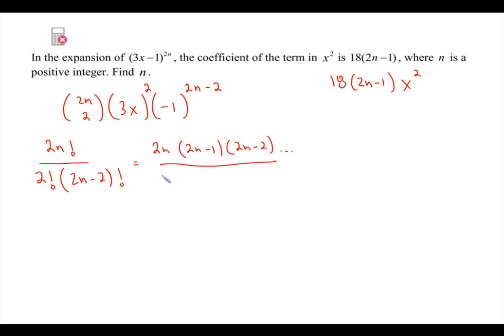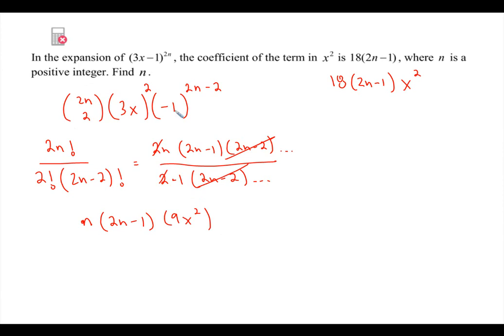Down here we have 2 factorial, which is 2 times 1, and then 2n minus 2 factorial would be 2n minus 2, and then it would continue on. So these divide each other out. Over here, the 2's divide each other out. So basically we end up with n times 2n minus 1, when we calculate this binomial coefficient. And then we have times 9x squared.